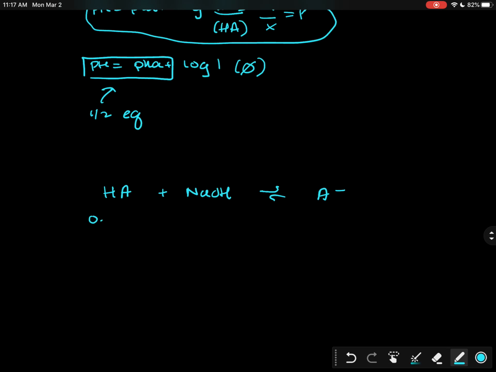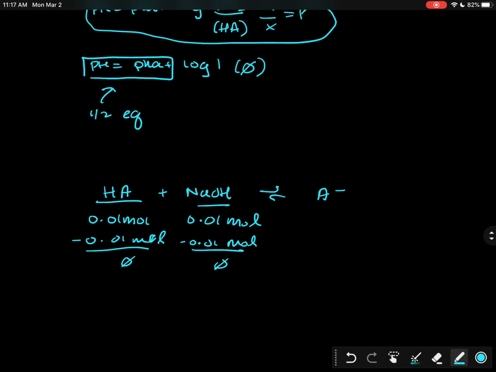Let's say we have 0.01 moles of each, because at the equivalence point the moles of weak acid equals the moles of strong base. So we have 0 moles of each of these in solution now, but we do have 0.01 moles of A minus.